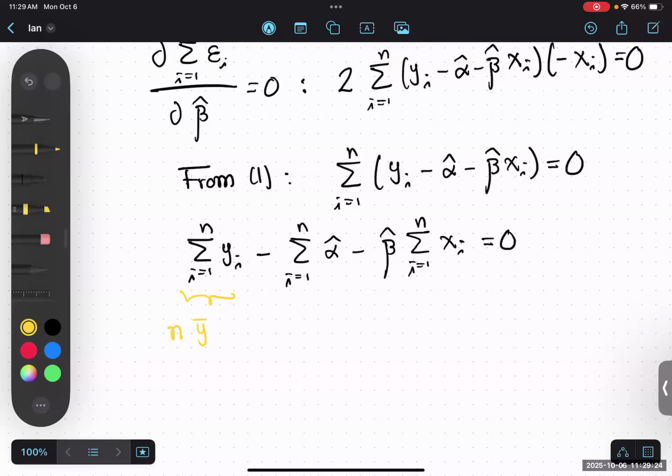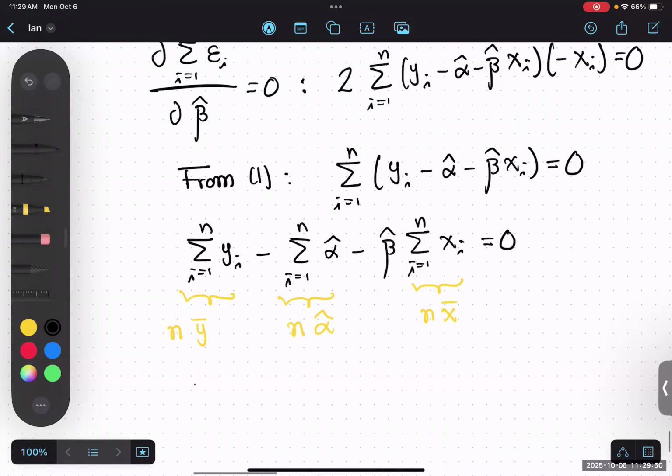Just by definition, right? The same with the last term is n times x bar. And the term in the middle, since we are summing n times the same constant alpha hat, this is exactly the same as n alpha hat.